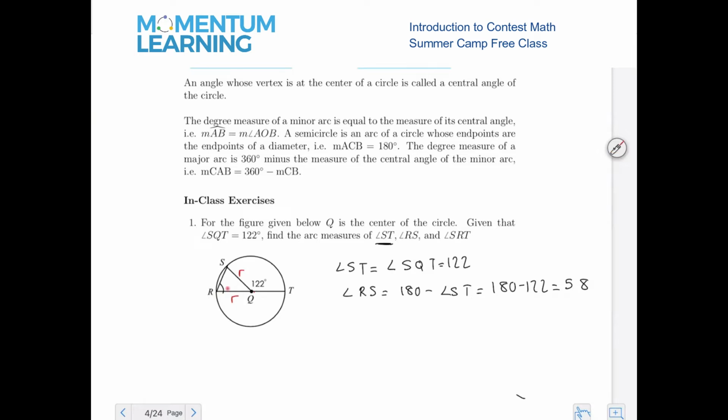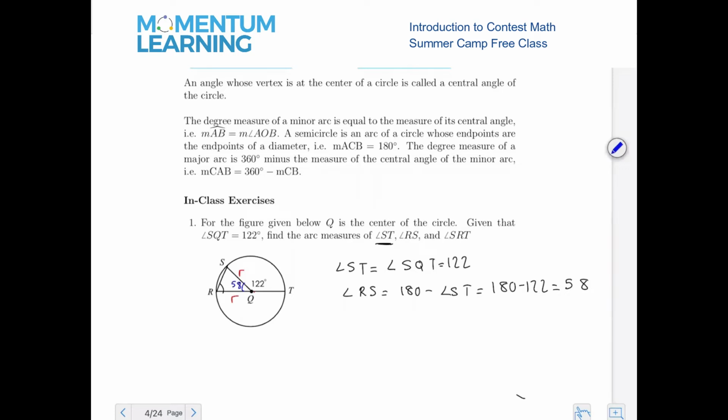To find these equal angles in an isosceles triangle, I need to find the vertex angle. And we can do that because we found that RS is 58, so this is also 58.